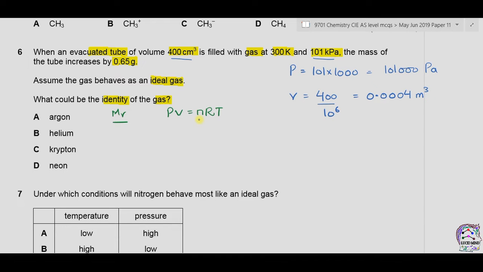N is the number of moles, and the formula of moles is equal to mass divided by molecular mass. So we can rewrite the equation PV is equal to mass divided by molecular mass into R into T. By rearranging the equation, we can find the value of molecular mass. Mr is equal to mass into R into T divided by pressure into volume. R is the ideal gas constant, and the value of R is equal to 8.314.